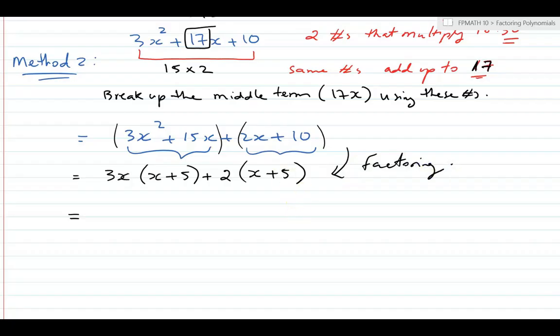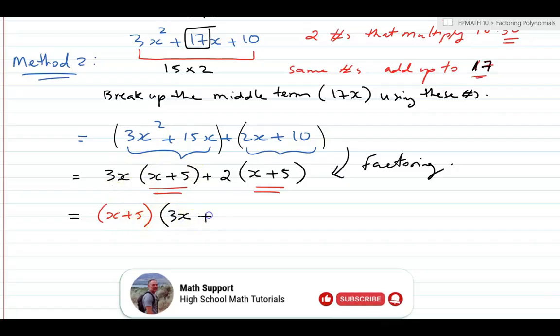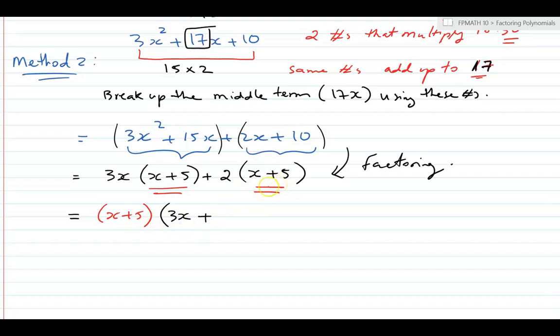In this case, what is the GCF? It's x plus 5 and x plus 5. So it would be x plus 5 out, and then the 2. For the first term, x plus 5 times 3x, plus, we want to get the second term, x plus 5 times 2 will give us the second term.